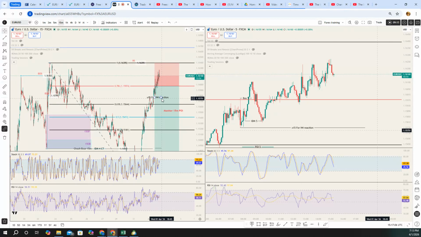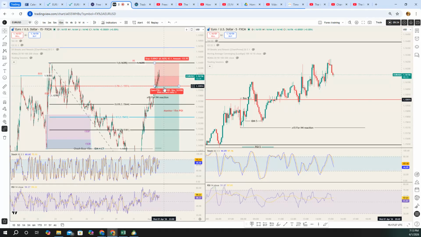For example, I have this level here. There is an inducement in this level. Okay. So there is an inducement on the H4, and an inducement on the 15 based on a reaction on the H4. And I don't want to go into the details of what that means.